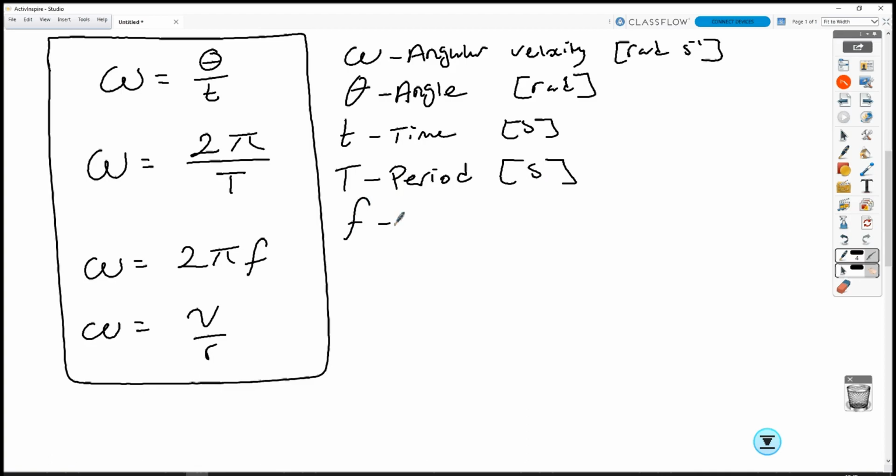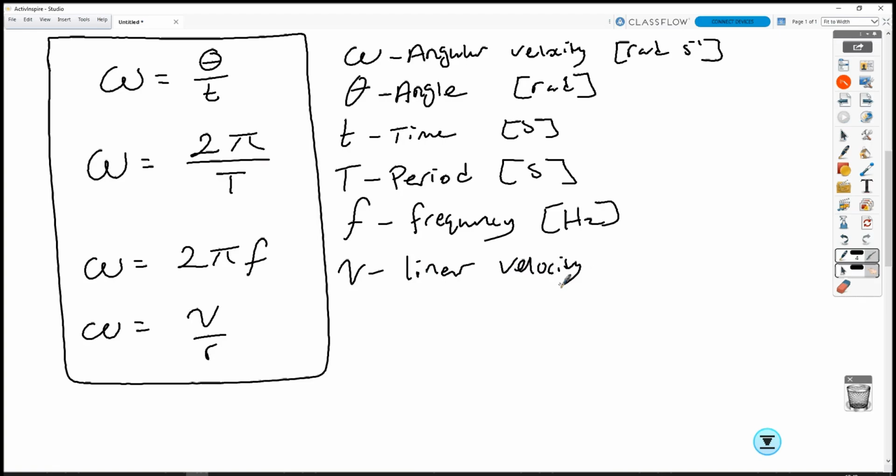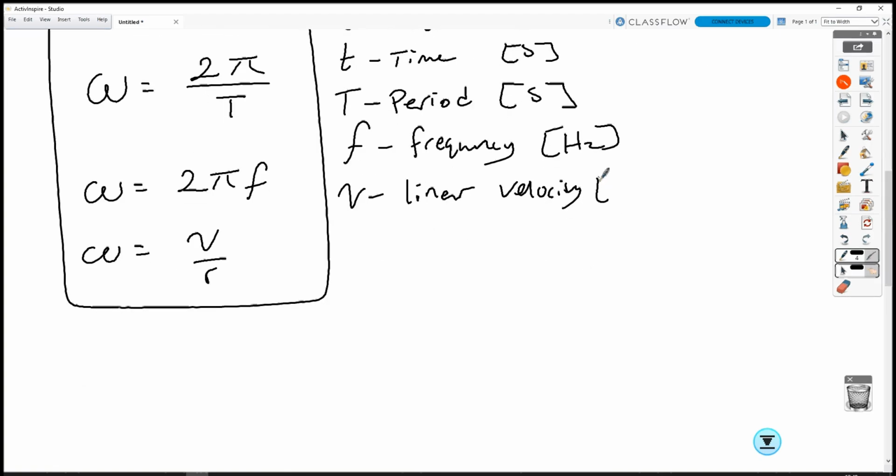We've got f, which is frequency, measured in hertz. And then we've got v, which is linear velocity, measured in meters per second. And then we've got r, which is the radius, measured in meters.